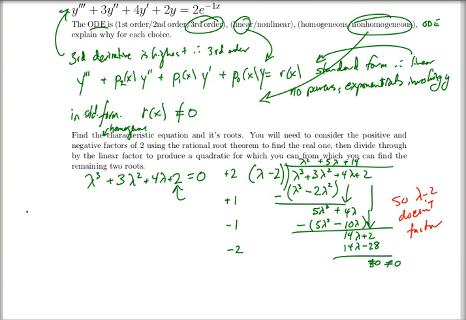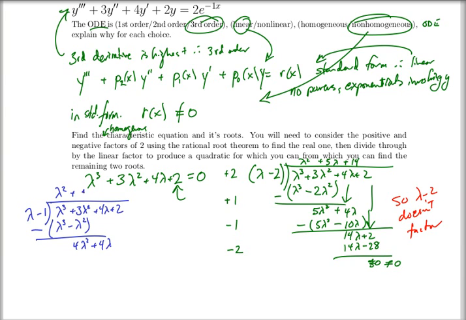Let's try lambda minus 1 going into lambda cubed plus 3 lambda squared plus 4 lambda plus 2. That's lambda squared, lambda cubed minus lambda squared. Again, we're subtracting the whole thing, so that's going to become 4 lambda squared plus 4 lambda.